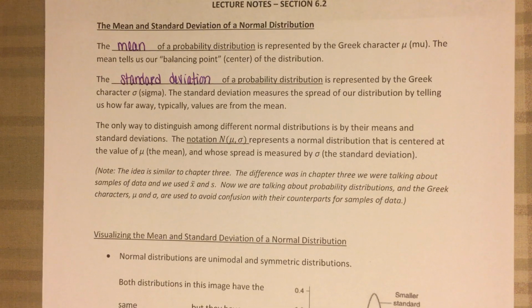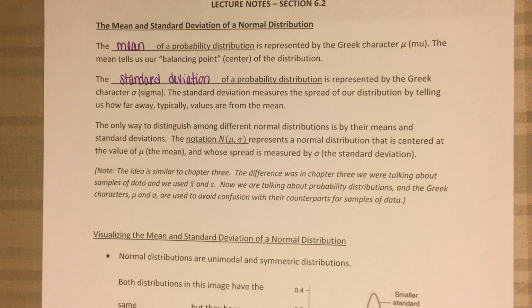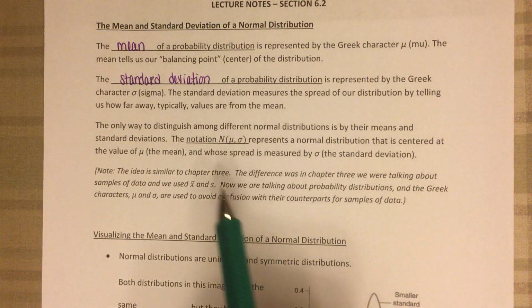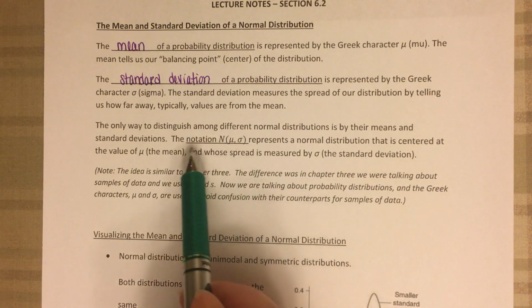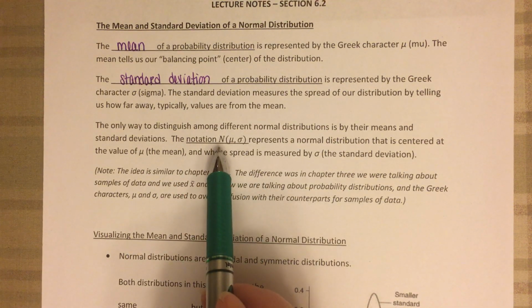As far as our notation goes, we're not going to focus so much on finding our mean and our standard deviation, but on using them. So a lot of times we're going to be given stuff in a notation that looks like this. We're going to have the letter N for the word normal, thinking our normal model, our normal curve.